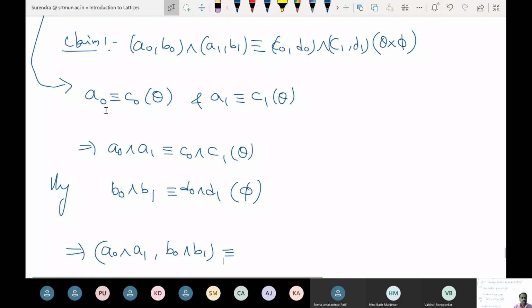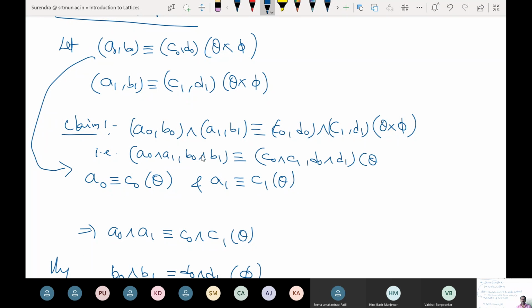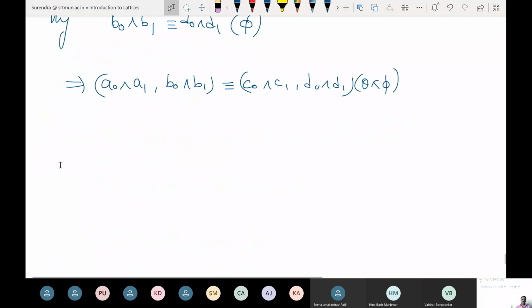This claim is the same as proving that (a0 meet a1, b0 meet b1) should be the same as (c0 meet c1, d0 meet d1). That is what we want to prove, right? Is this clear? And we are already getting that here, modulo theta cross phi. So that shows that this actually satisfies the substitution property.